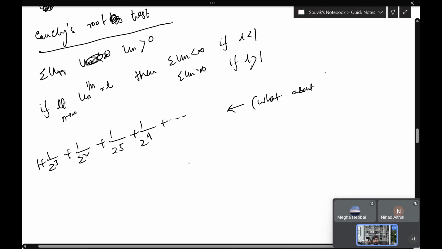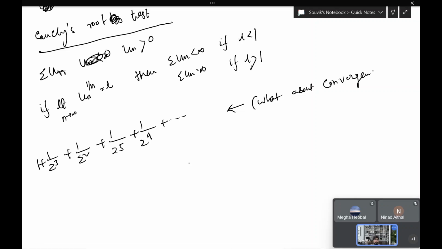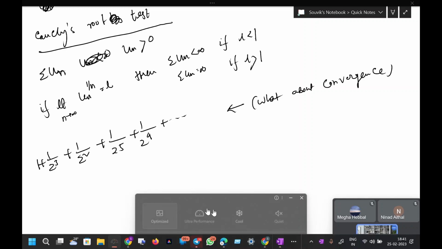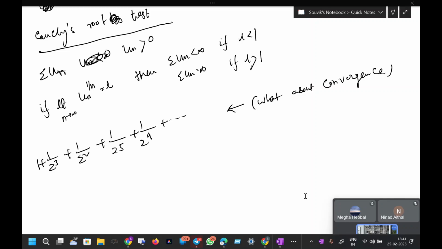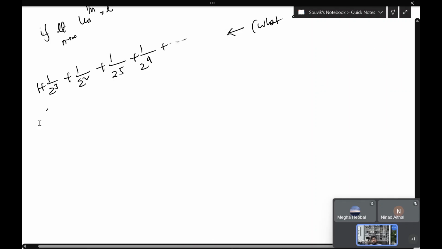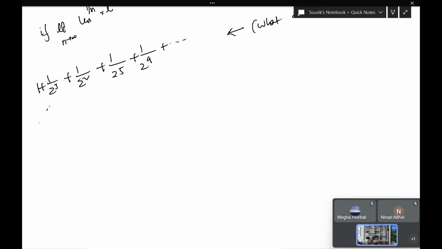Use the Cauchy's root test. So just try it. If you're not getting it, then let me know.